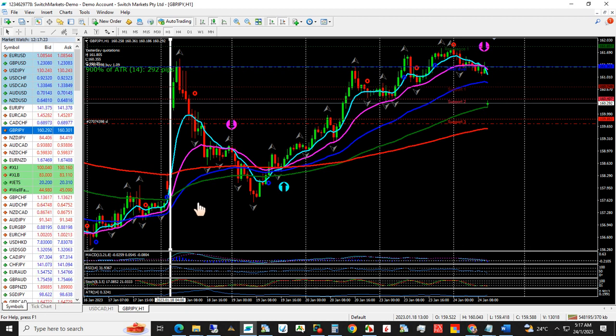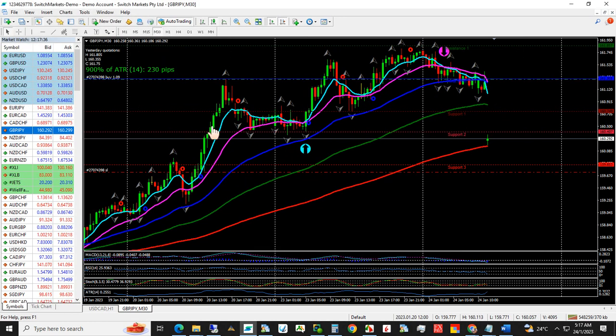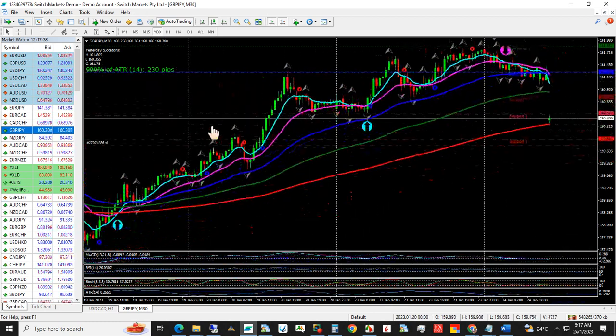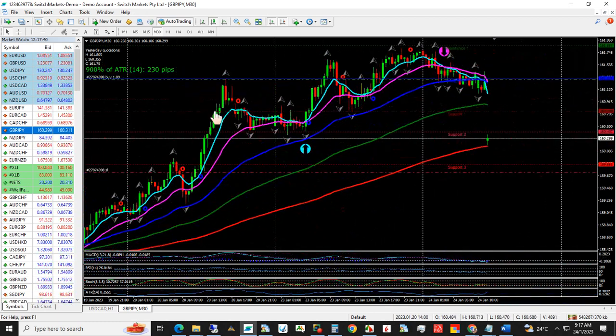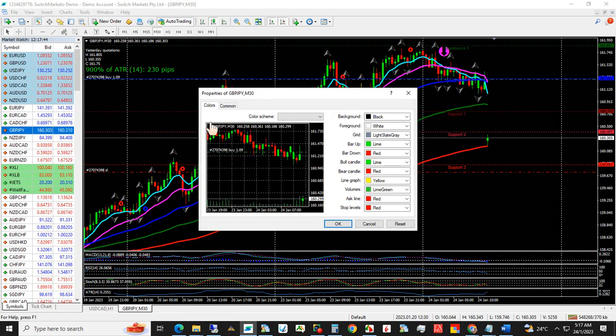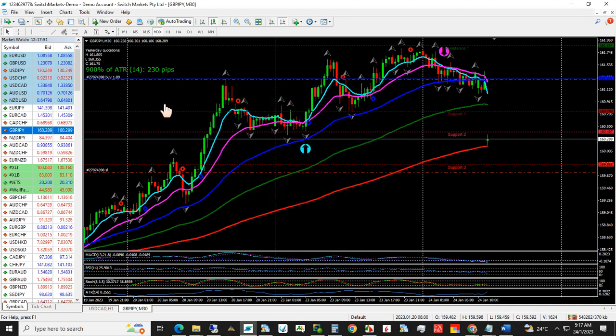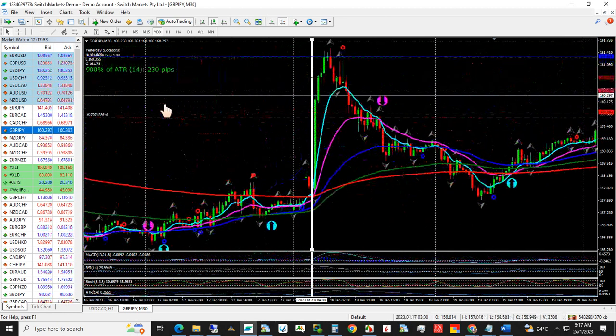So one option I could do, I could wait on system 5, or I could go down to system 4 and see what the structure gives me. Let me use the auto scroll so I can go back without the chart moving.